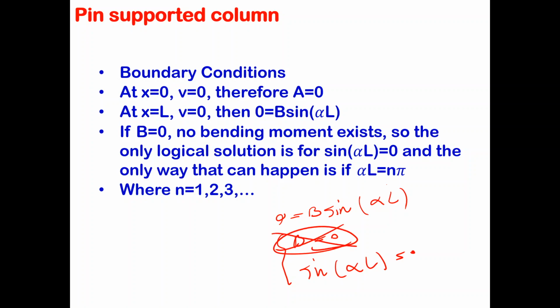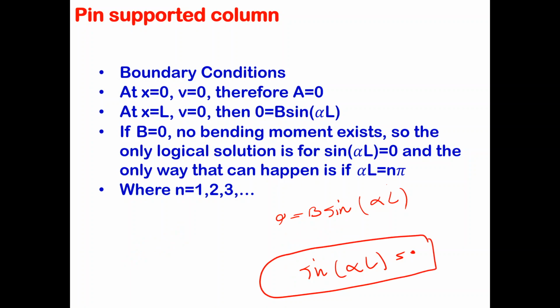B being 0 cannot happen because it means that your V is always 0, which contradicts the assumption we already have. We assumed before starting the analysis that buckling has already happened. So B cannot be 0, and this will become true: sine of alpha L is 0.